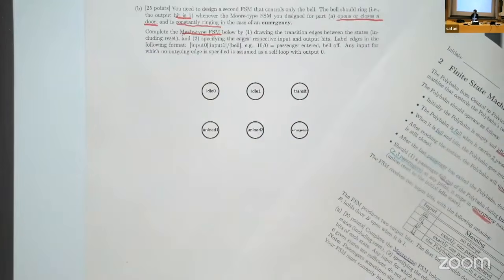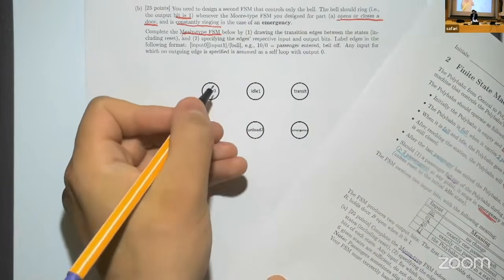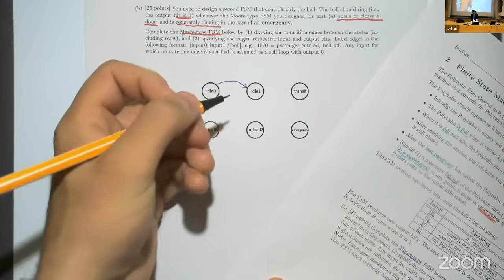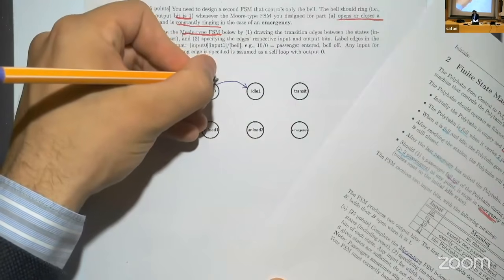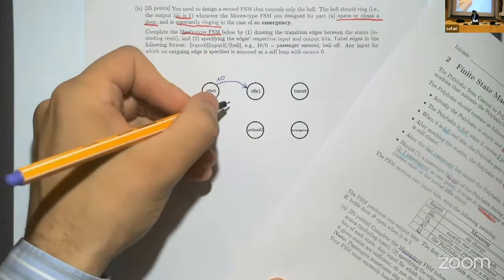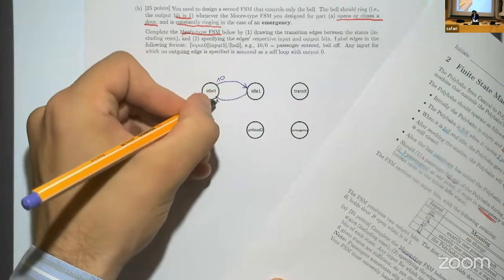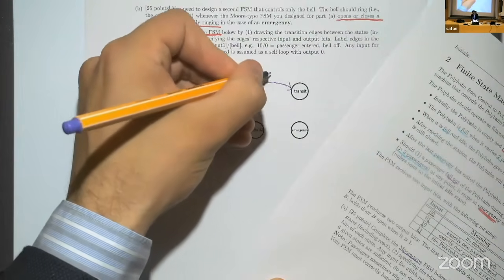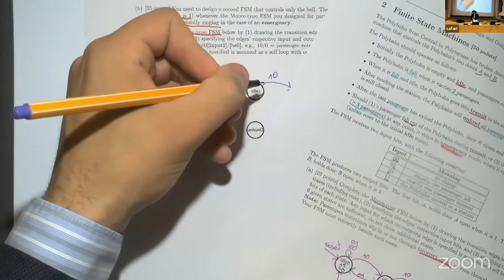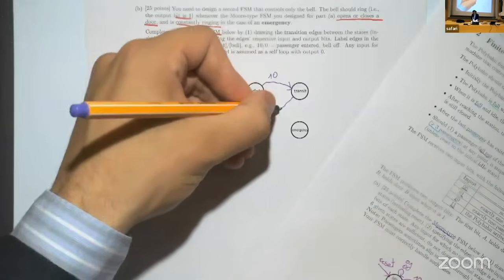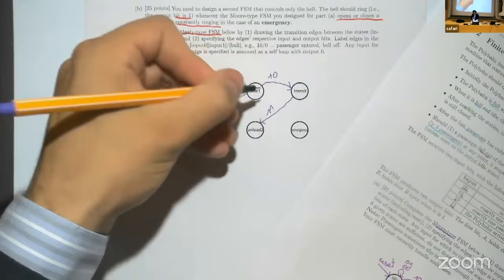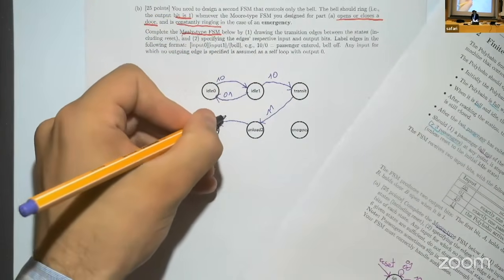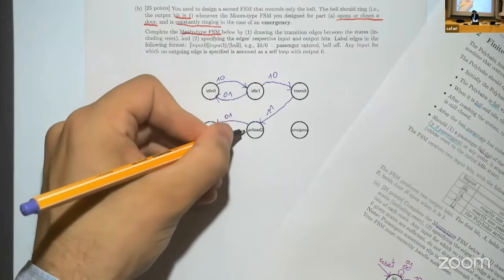So what you can do essentially is just copy all the edges for now, at least the edges' input bits. So 0, 0, 0, 1, 1, 0, 1, 1, 0, 1.